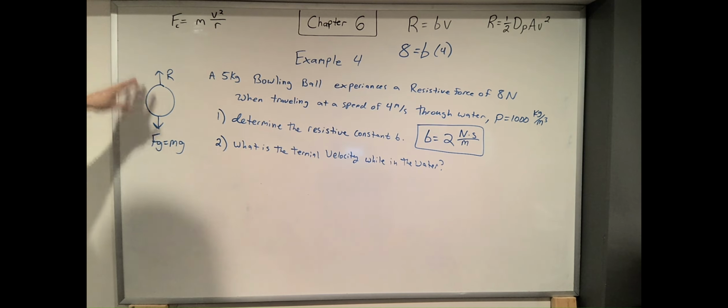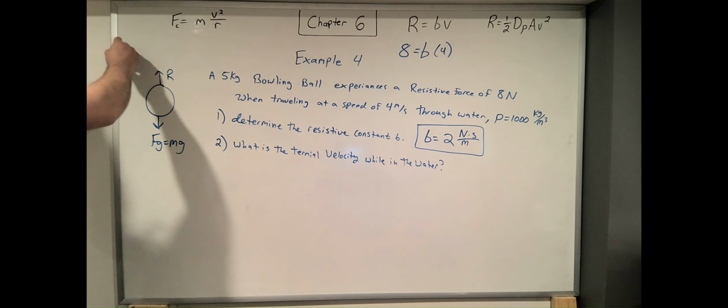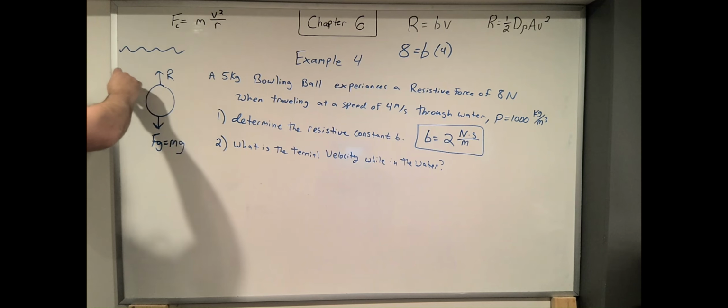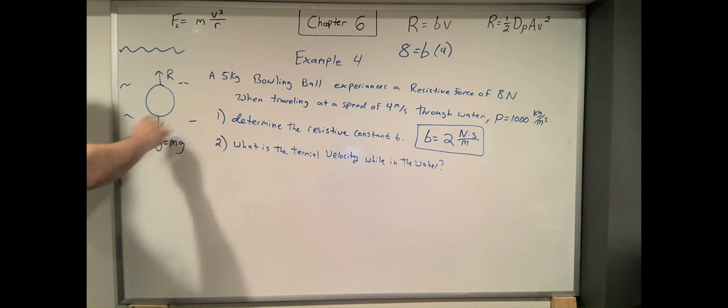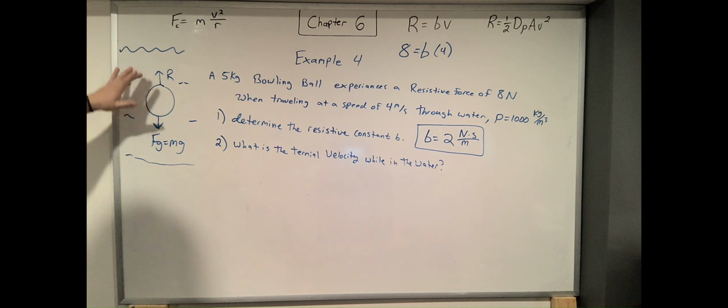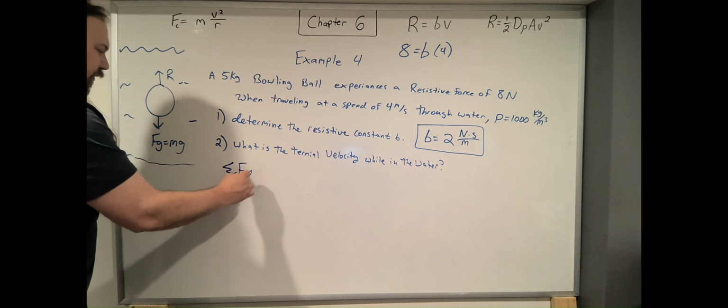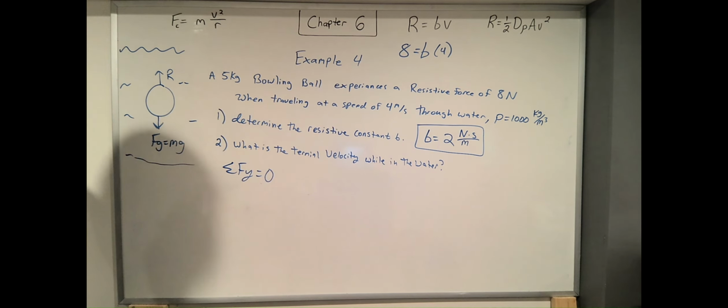In this case, it's pulling it up as this thing travels down through the water. The terminal velocity is reached when these two things equal each other. They're going to cancel out, which means the sum of the forces in the y would want to equal 0.